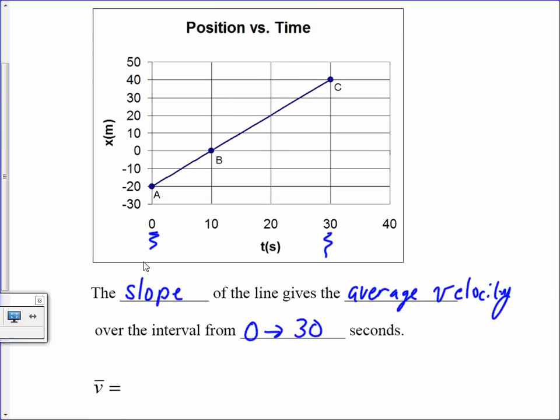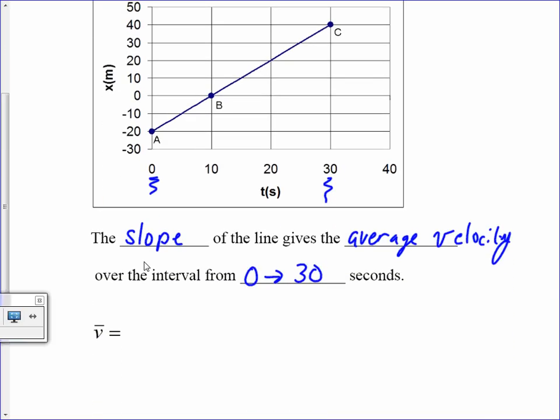So if I want to find the slope here, it's going to be delta x over delta t. Remember, this is the same as the definition for slope, rise over run. Rise is my x, this axis, and run is my t-axis, my time axis.